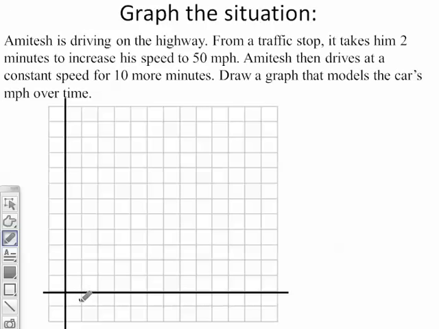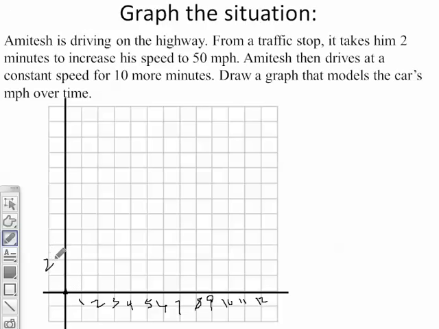So I've got 1, 2, 3, 4, 5, 6, 7, 8, 9, 10, 11, and 12. Okay? So it's starting from a stop sign. That means 0, 0, not going anywhere at all. We're going to go up in miles per hour.